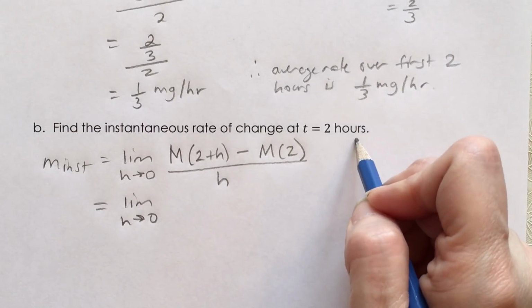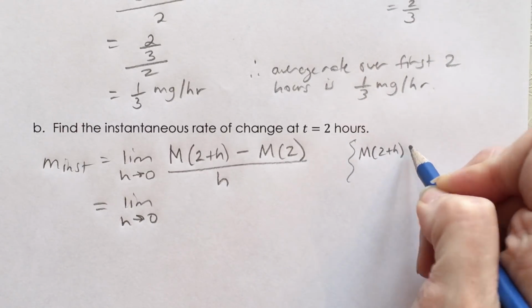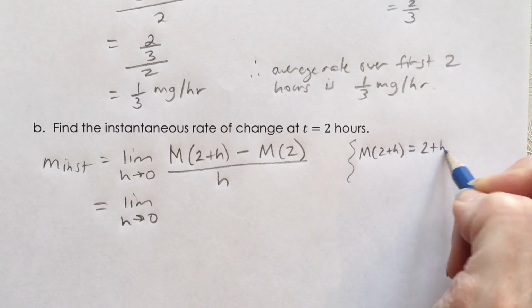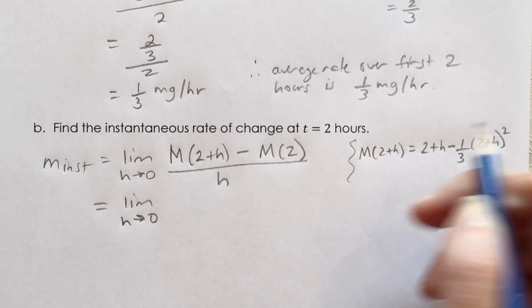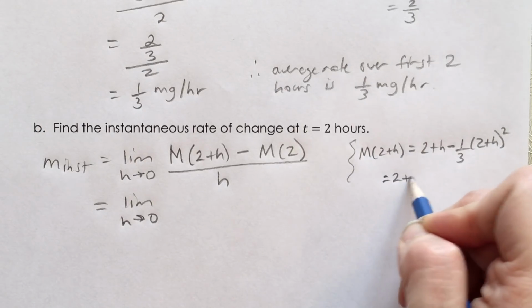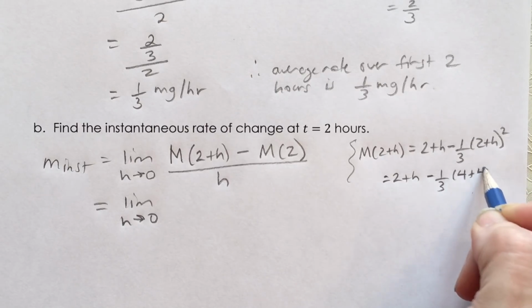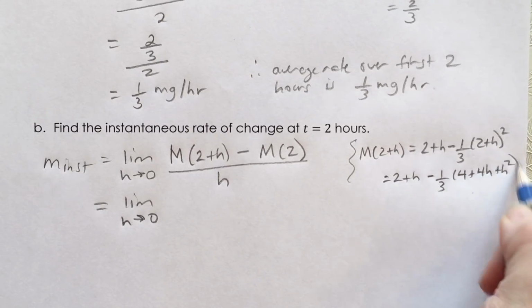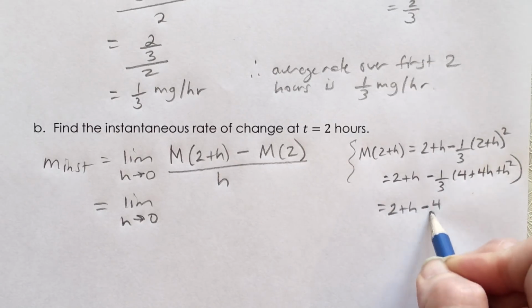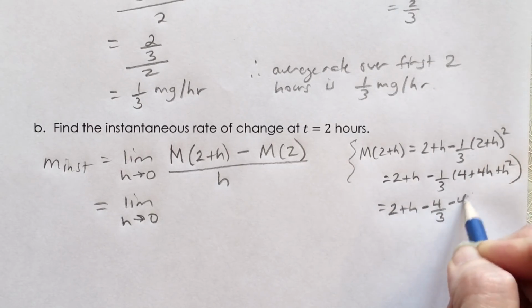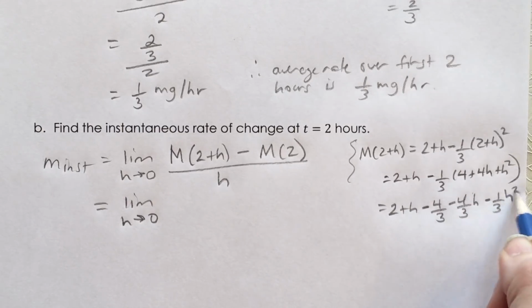M at 2 plus h is equal to 2 plus h minus 1/3 times 2 plus h squared, which is 2 plus h minus 1/3 times 4 plus 4h plus h squared, which is 2 plus h minus 4/3 minus 4/3 h minus 1/3 h squared.